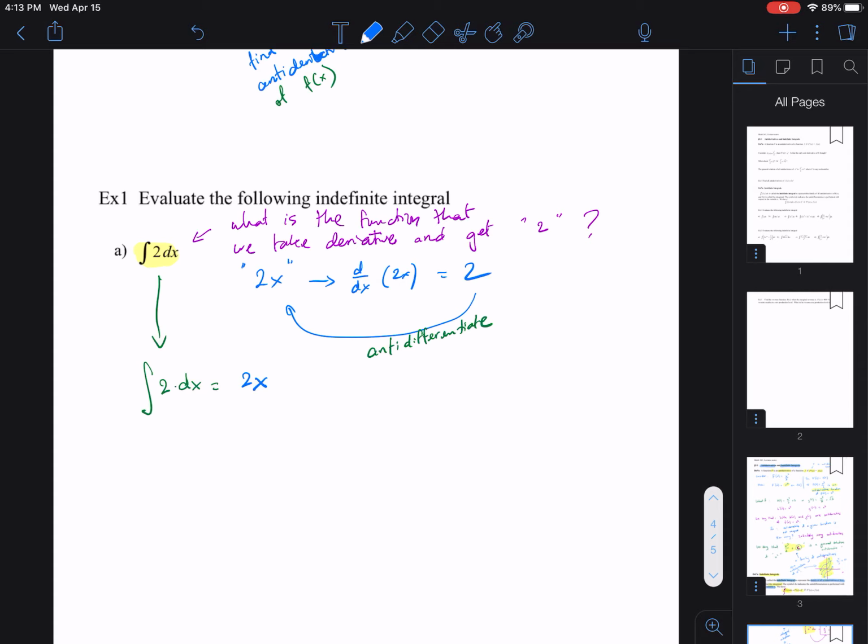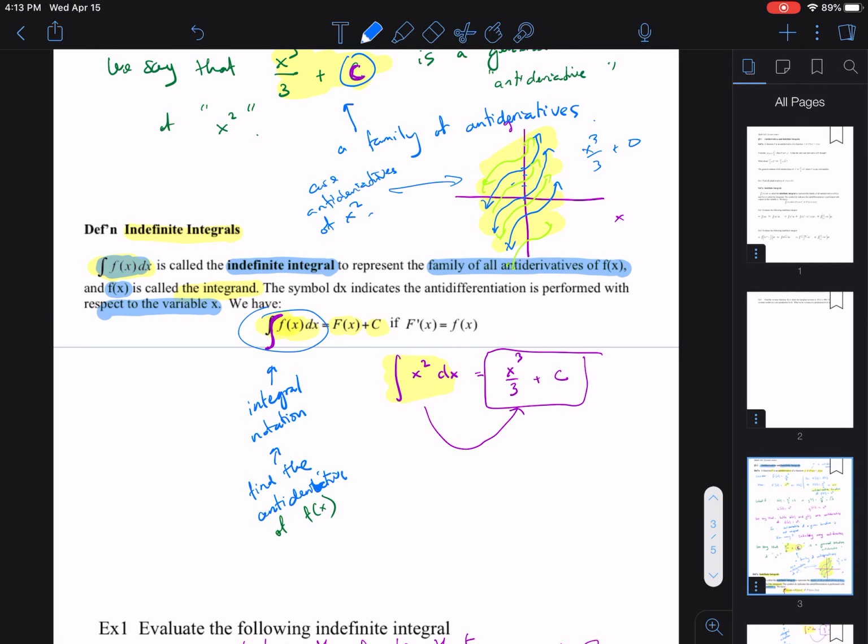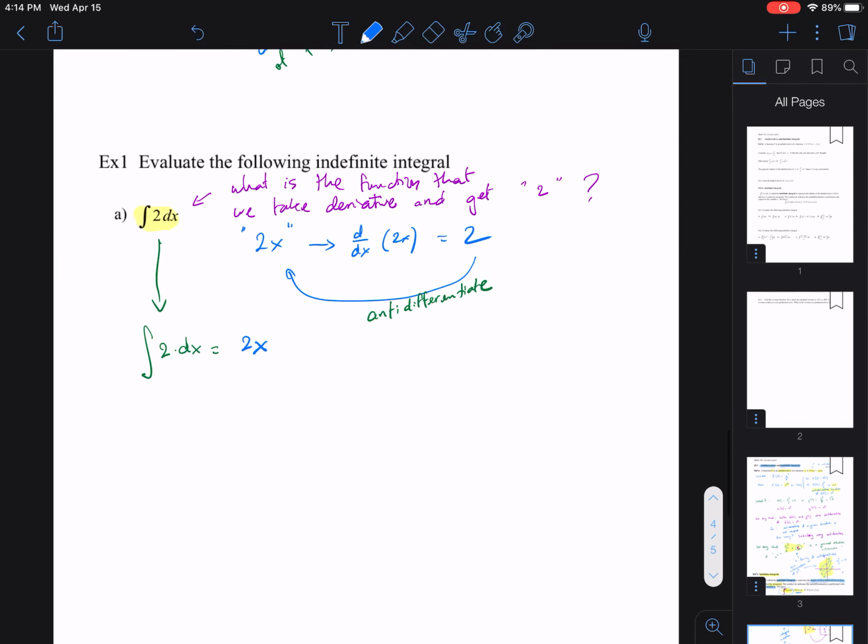Recall that the indefinite integral itself represents the family of all infinitely many antiderivatives of a given function. So 2x plus some constant c is the correct answer for the indefinite integral of 2 times dx.